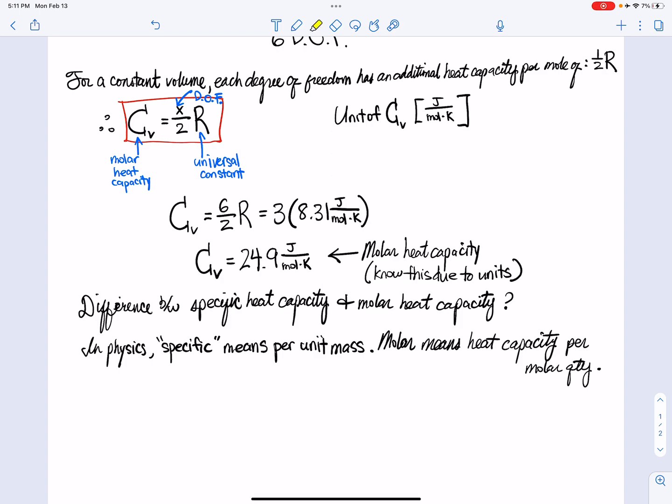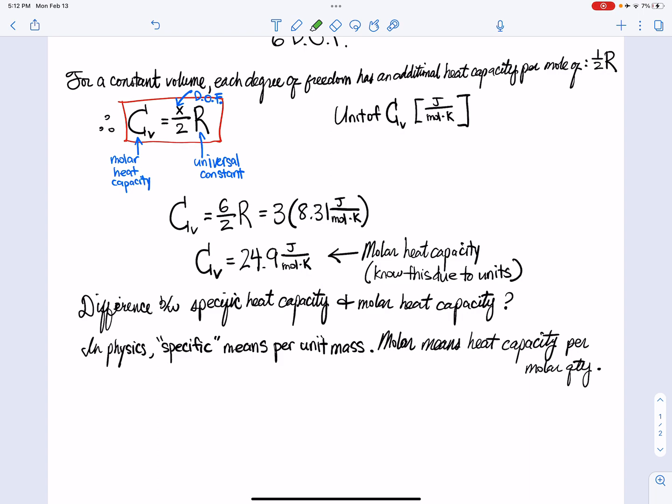And as I can see here in the units, I've got moles right there. So I know that's molar heat capacity, right? Because it's the heat capacity per molar quantity. So I just wanted to clarify that. That's how I know that this is the molar heat capacity.